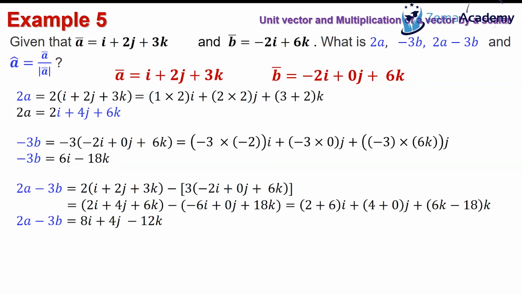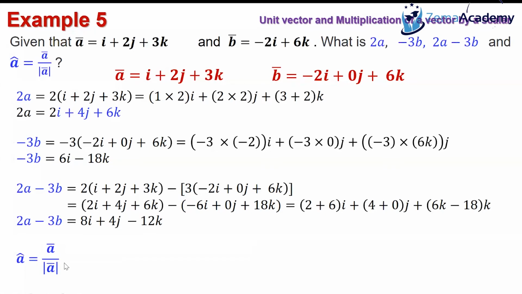Now when you are asked to determine a unit vector, if you go back and look in the slide, the unit vector was found by the vector divided by the magnitude or the modulus of that vector.